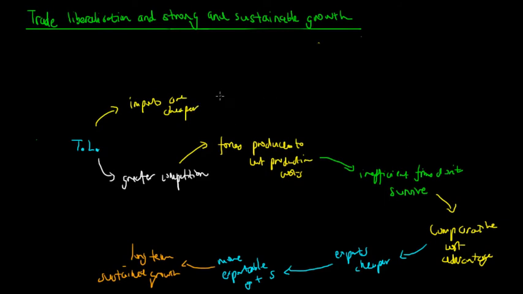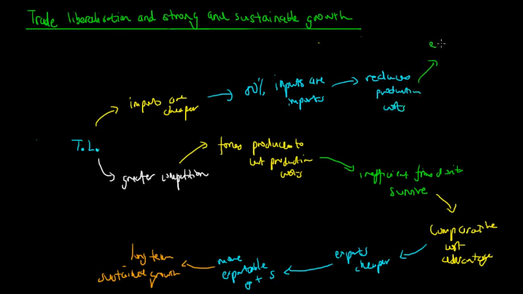And when imports are cheaper, as we know, 80% of imports are productive inputs. This automatically reduces production costs, and it eases cost inflation.